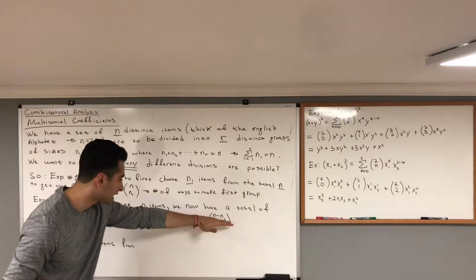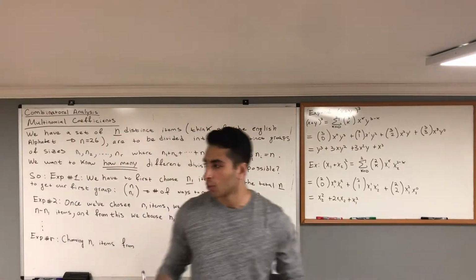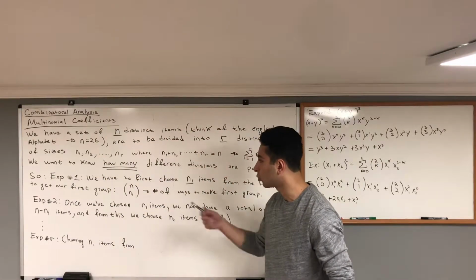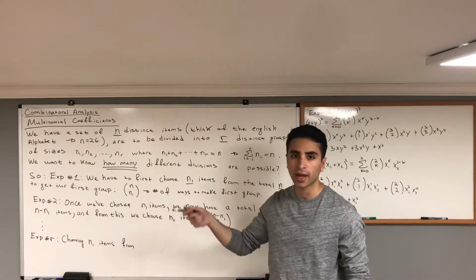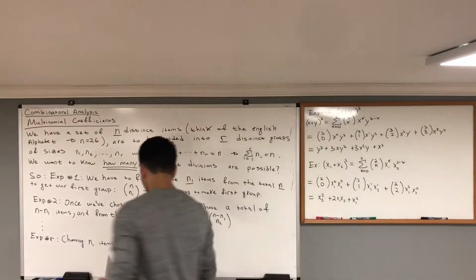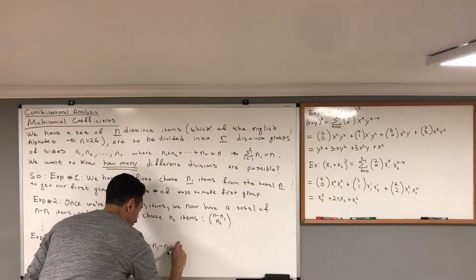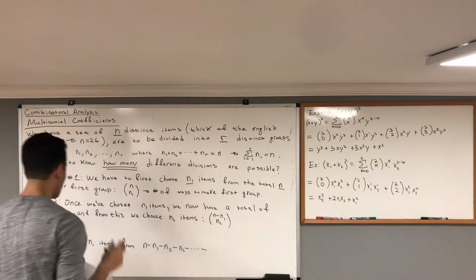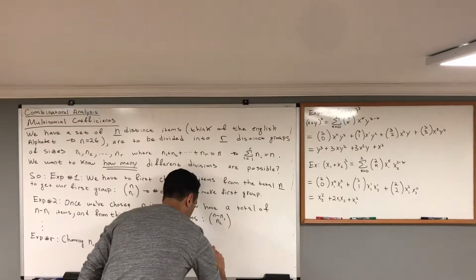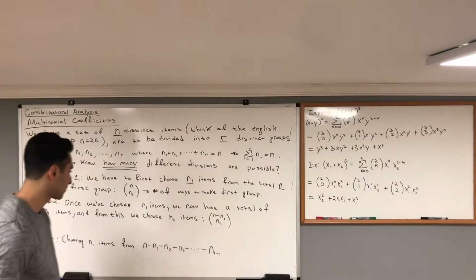We don't have n minus n1 anymore. What do we have? We have n minus n1 minus n2 minus n3 minus blah blah blah, minus n(r minus 1).